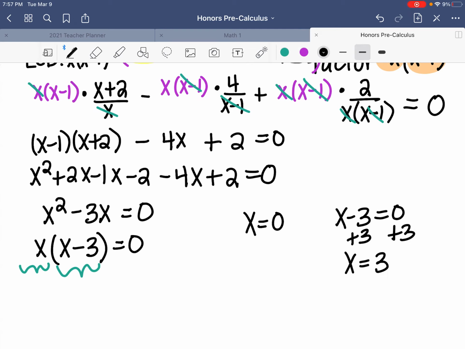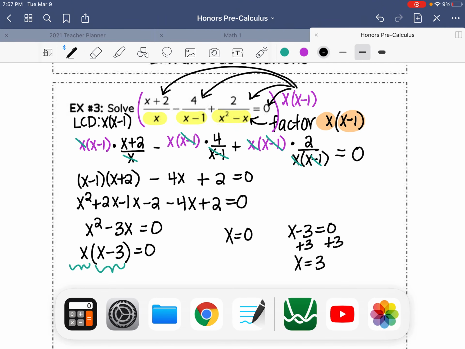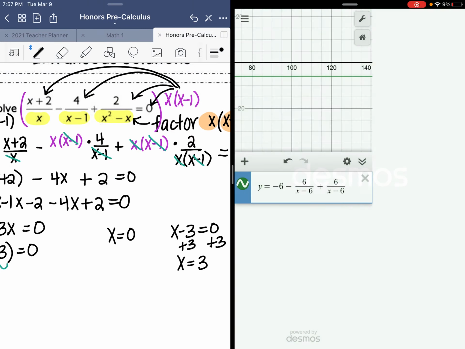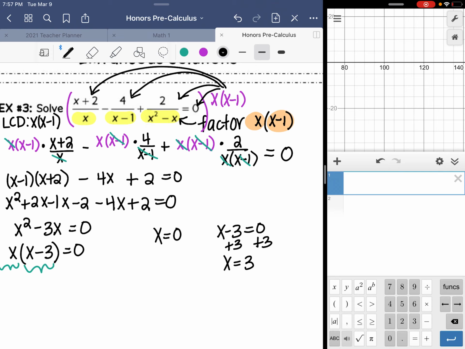So we need to test to see if 0 and 3 are both going to work for this particular problem. So I'm going to pull Desmos up so that we can test this out. So I'm going to start with 0. And we have 0 plus 2 divided by 0.